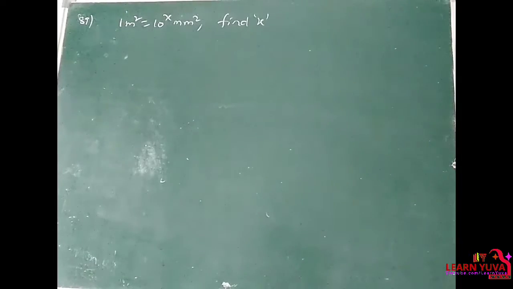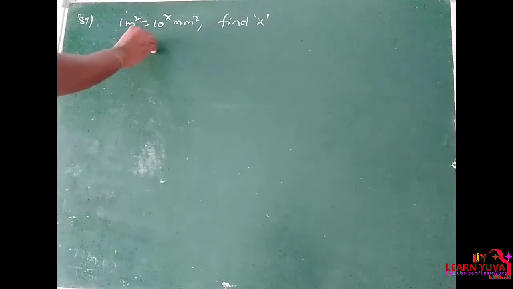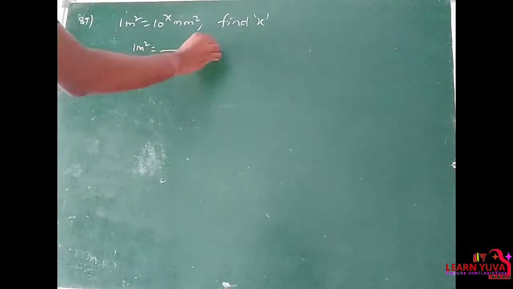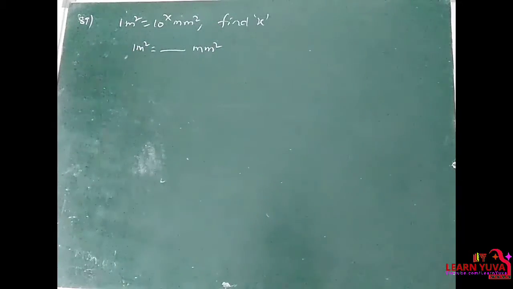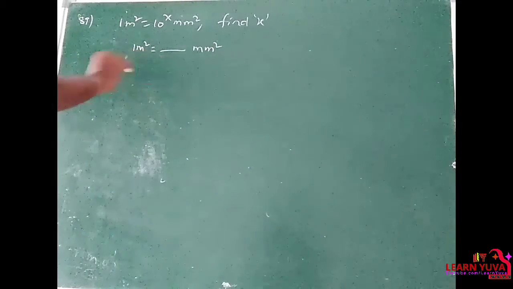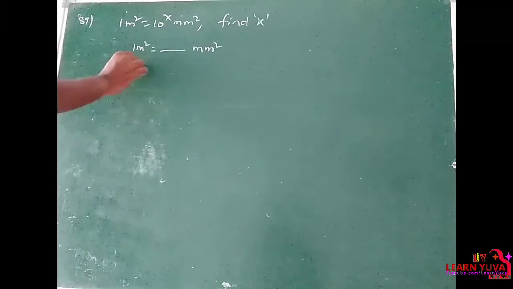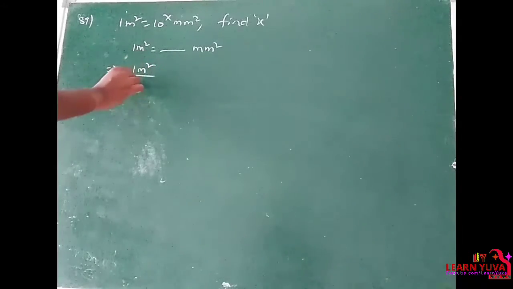Next given question is 1 meter square is equal to 10 power x millimeter square. Then find x. Okay. So just convert by converting. So 1 meter square is equal to dash millimeter square. Okay. So left hand value by right hand value. That implies 1 meter square by millimeter square.